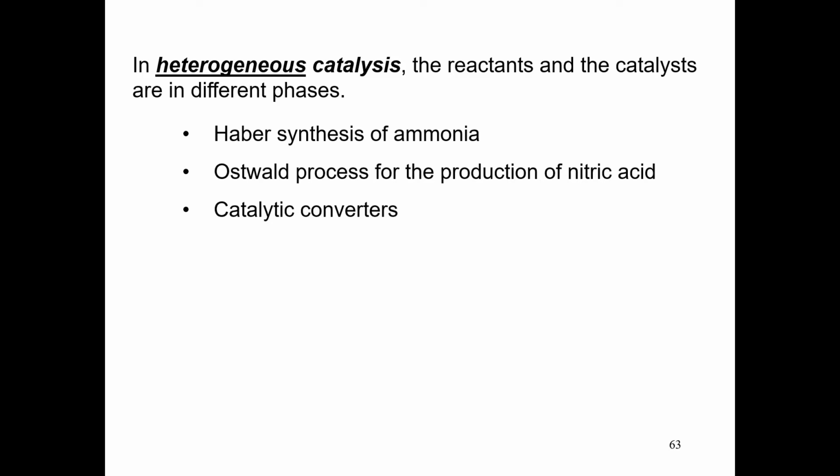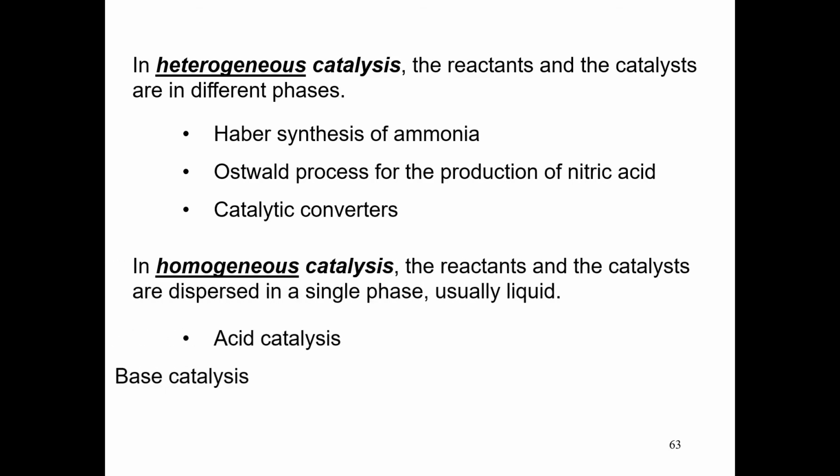For example, the synthesis of ammonia, the production of nitric acid, and catalytic converters in cars, where the catalyst might be, for example, a solid, and the reactants might be, for example, gases. In homogeneous catalysis, the reactants and the catalysts are dispersed in a single phase, usually liquid. So many chemical reactions are catalyzed by the presence of acid or base. We will study these maybe later in the semester.